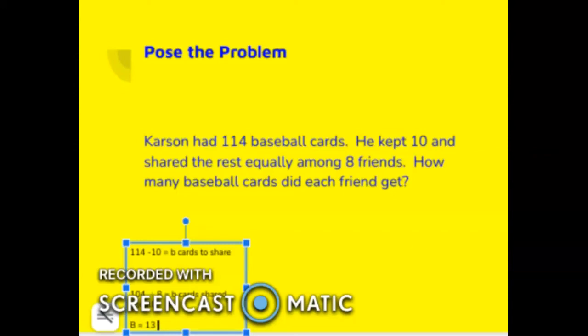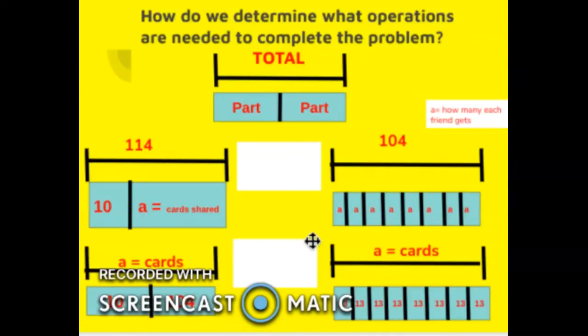Let's go ahead and look at the next picture, because the next picture is going to tell us how that would look in that tape diagram or strip diagram. And this is going to let us know, how do we determine what operations are needed to complete the problem? So let's look at this picture here. This picture tells me that the total is going to be at the top.